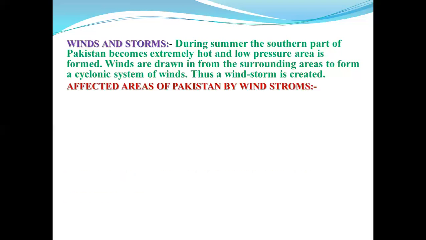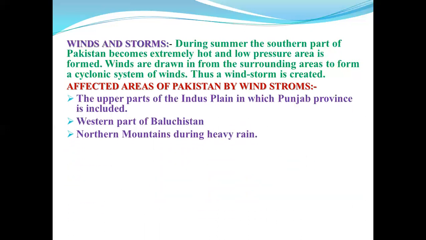Now, we will study the areas of Pakistan affected by windstorms. Number 1, upper parts of the Indus Plain in which Punjab province is included. This region experiences strong winds and storms for some time during summer, which cause rainfall also.